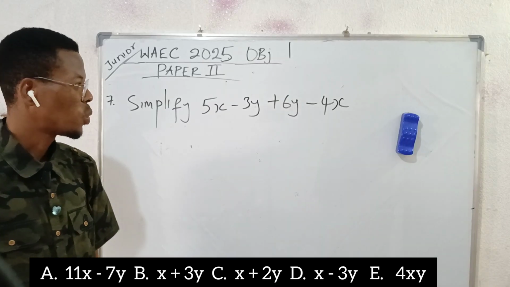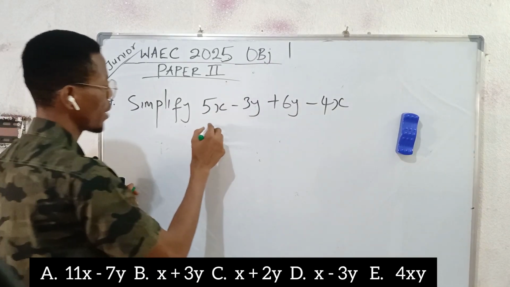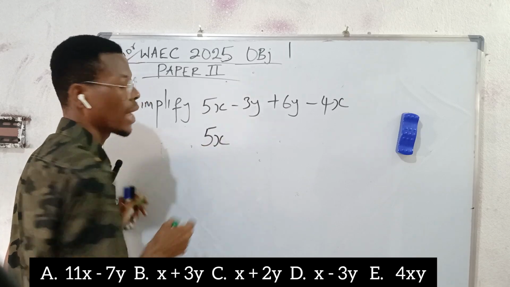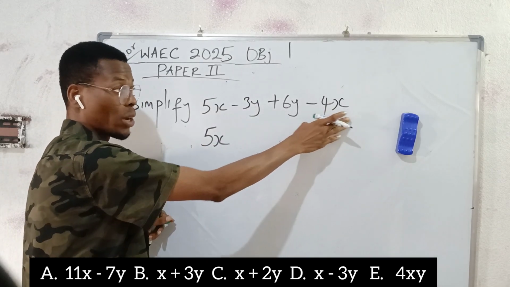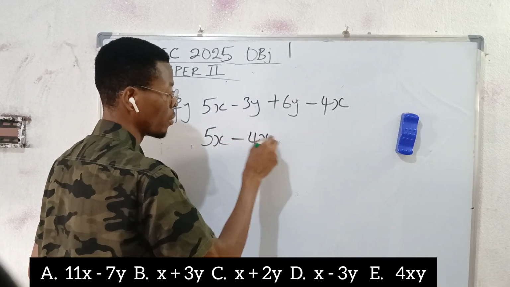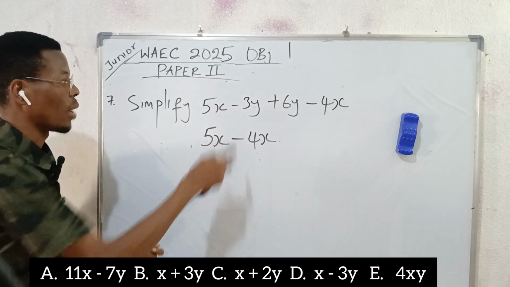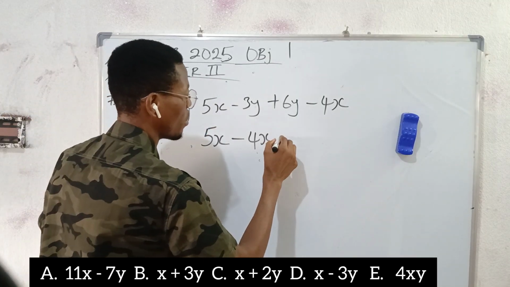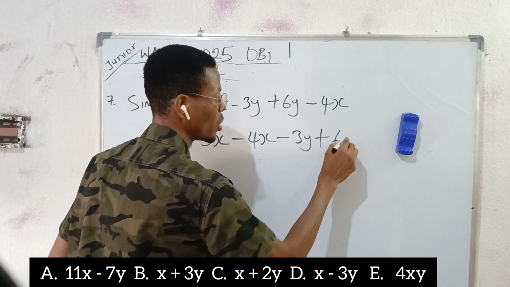Now, what do we do? We quickly collect our like terms. Okay, so we have 5x, and we'll bring our 4x here. We have minus 4x also here, so we'll bring it towards this side. Minus 4x. Are you seeing it? What else do we have? We have our minus 3y, and then we have plus 6y.